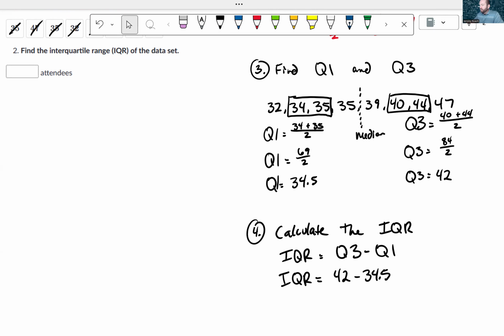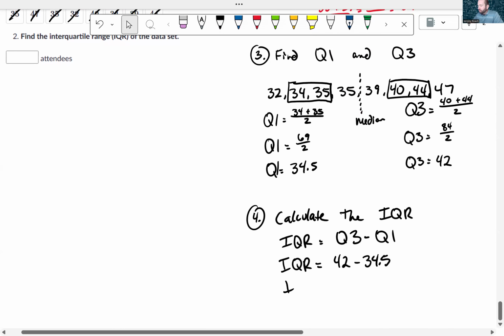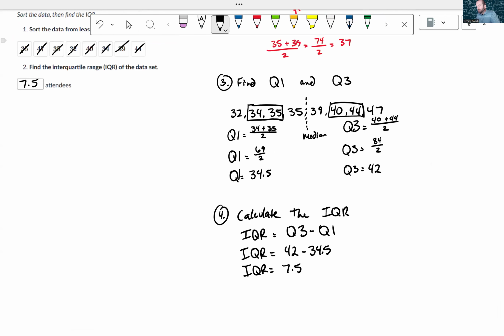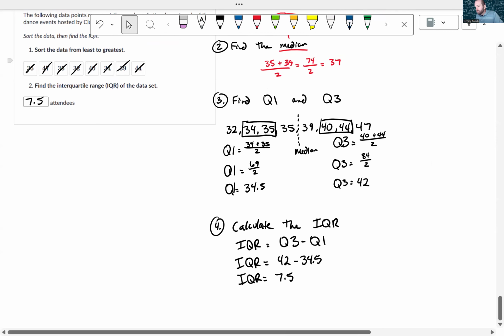And we get a final answer for the IQR of 7.5. Or we also say this is a spread of 7.5 between quartile 3 and quartile 1. And that's going to be our answer we put in the box: 7.5 attendees is the interquartile range.